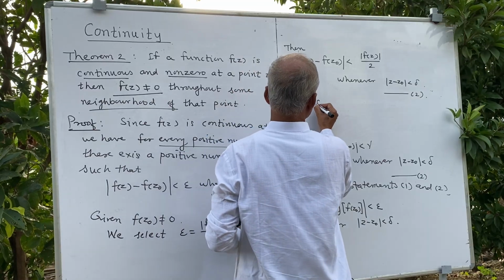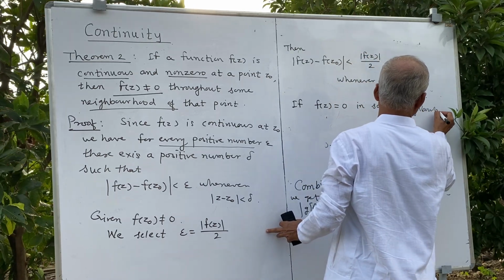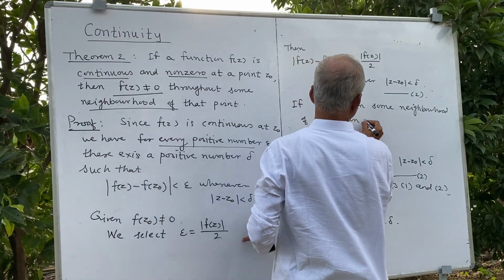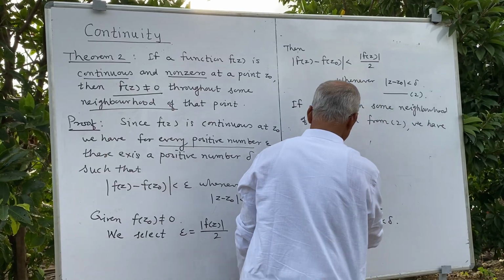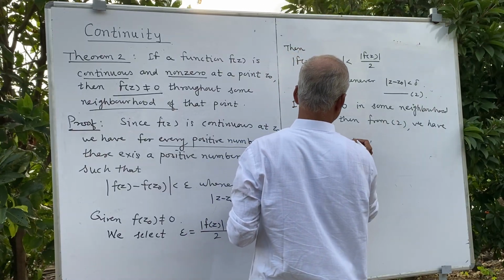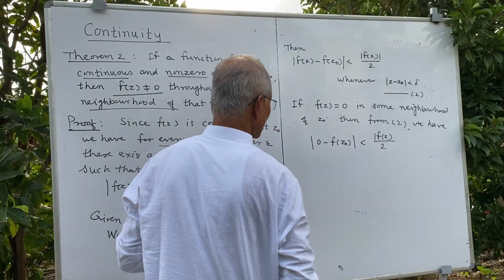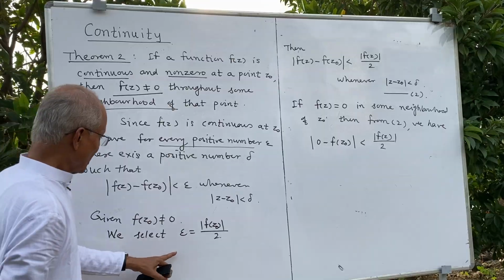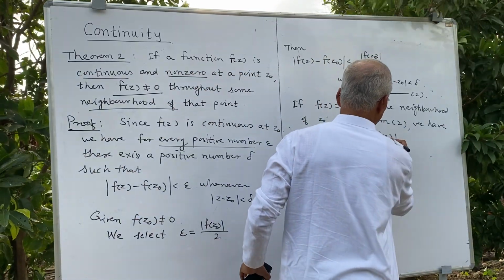If f of z is equal to 0 in some neighborhood of this point z naught, then from the second statement we have, mod of 0 minus f of z naught is less than mod f of z naught divided by 2.